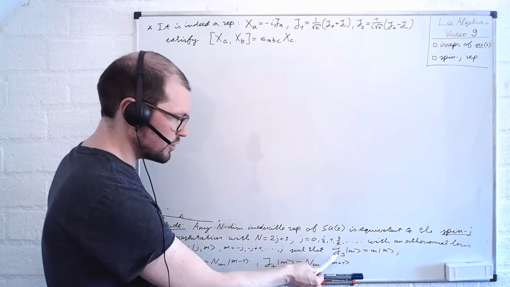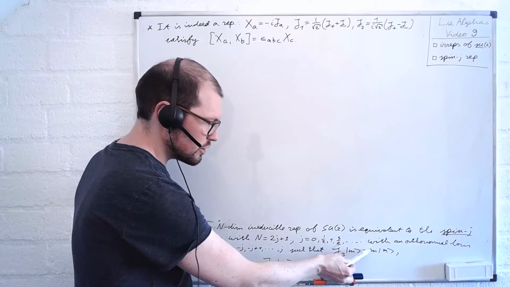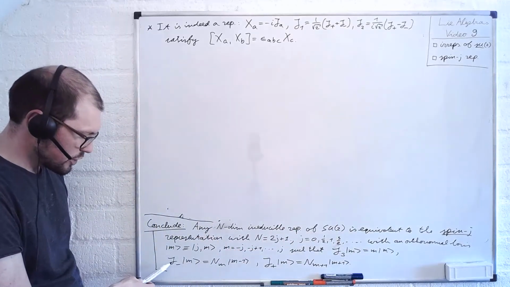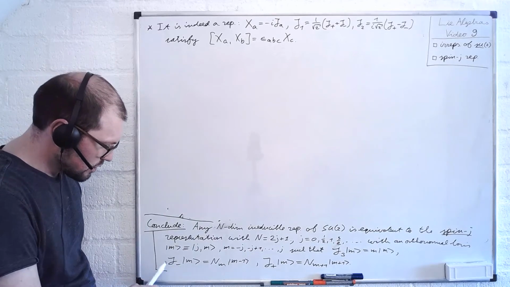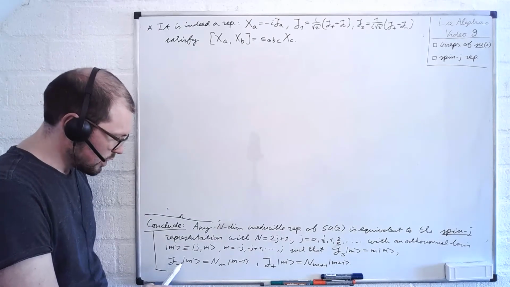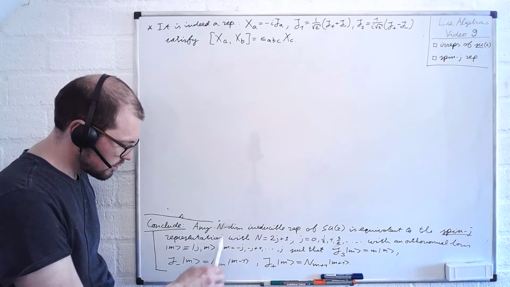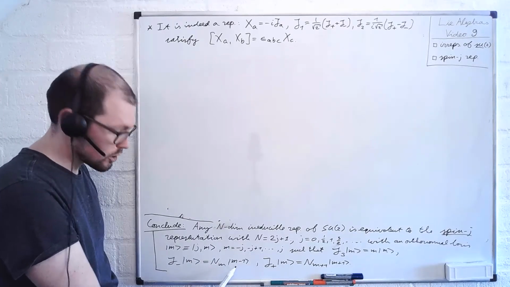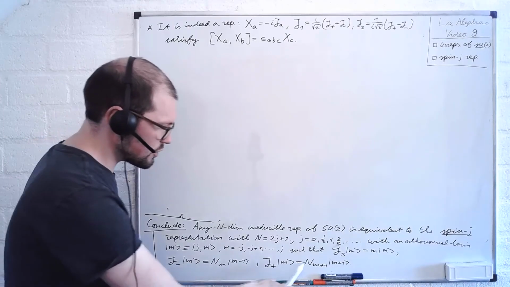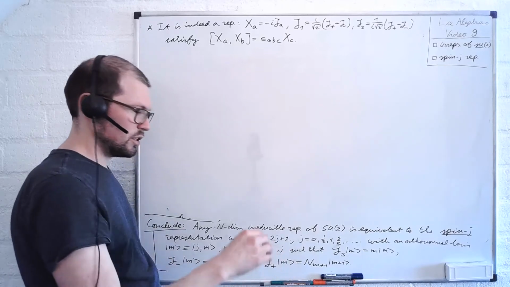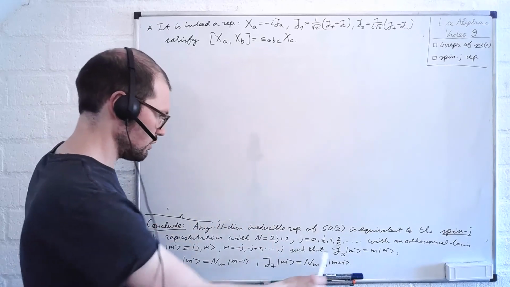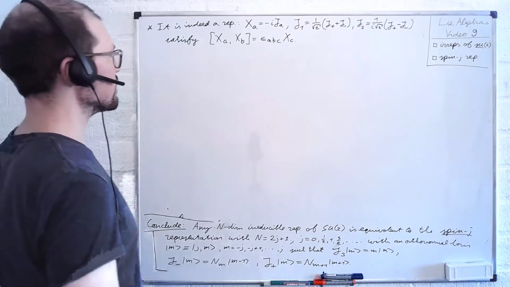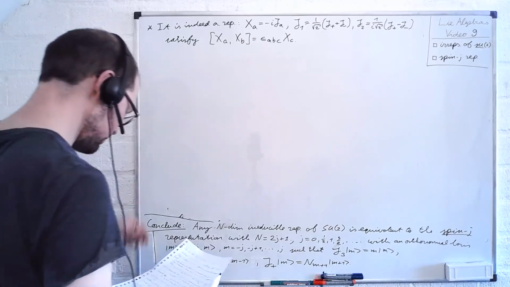So this is telling you that J3 is going to be a diagonal matrix with just these values m on the diagonal. The matrix J minus has its only non-vanishing matrix elements on the subdiagonal, where one index is m and the other index is m minus 1 with these values. And J plus is going to have non-zero values on the other subdiagonal, where m and m minus 1 are interchanged. So that gives explicit matrices, and you can check this.